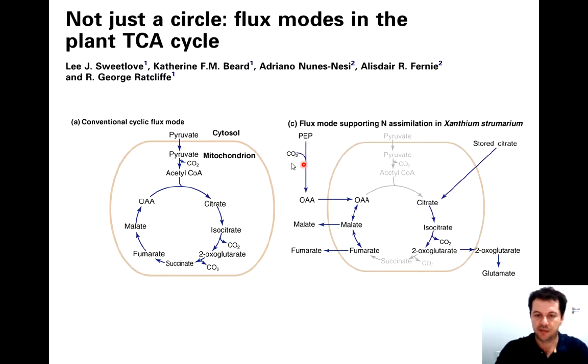So this enzyme here is PEPC, PEP carboxylase, phosphoenolpyruvate carboxylase, which produces oxaloacetate. Oxaloacetate can enter the mitochondria, be converted into malate, be converted into fumarate. Notice that these reactions here can work in both directions.